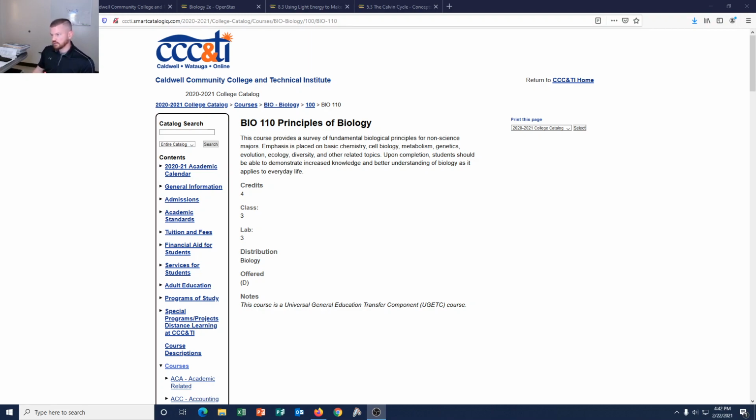That's why you would want to take 111. 110 is designed for students that want to continue on and get a bachelor's degree or a degree in a non-science major. And so you would just expect that there's probably not going to be as many science majors as non-science majors, and so that we would end up with so many students in 111 versus 110 just seems a little strange.